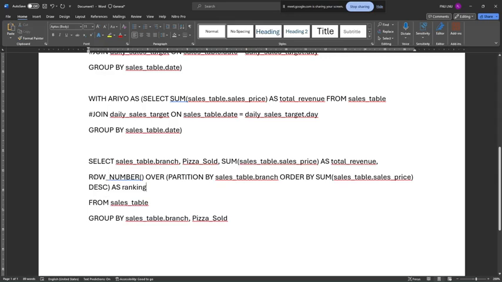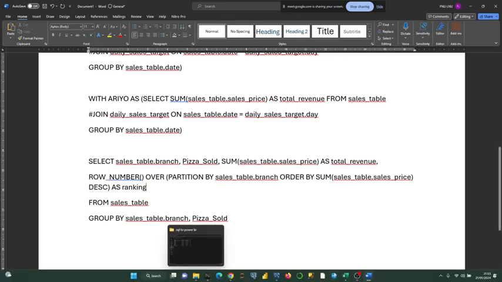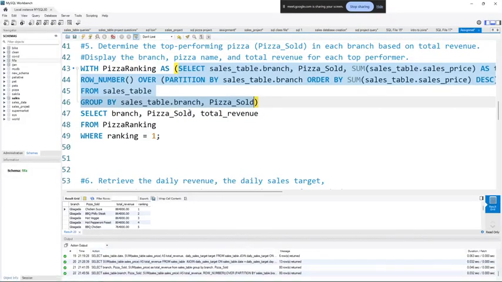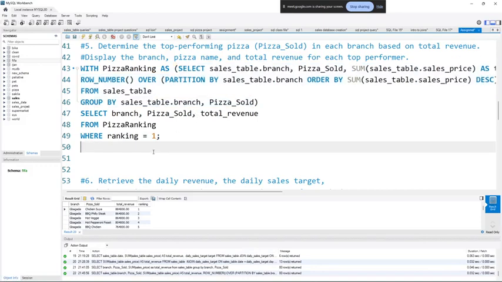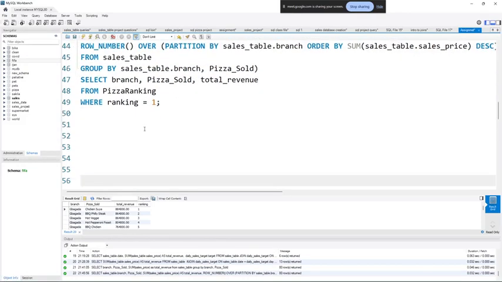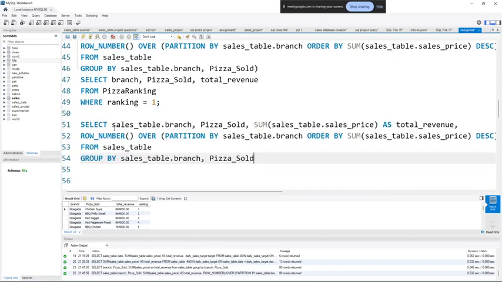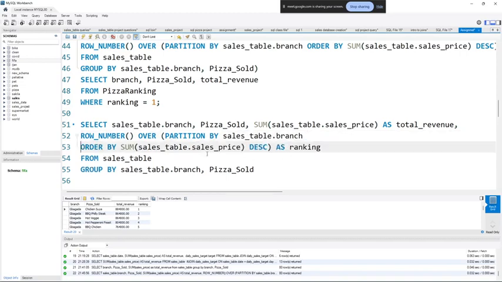Now, let me take this particular thing back to SQL. What do I mean by this row number?